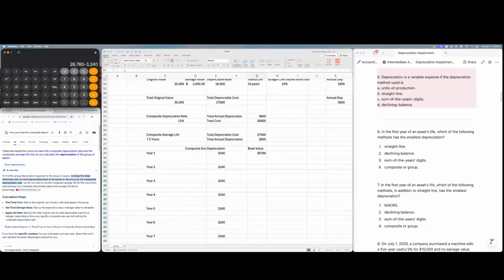So the second year, the book value is 23,520, 20,280, $17,040, 13,800, 10,560, 7,320.